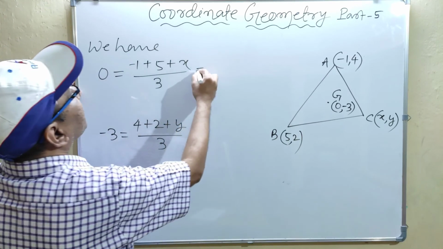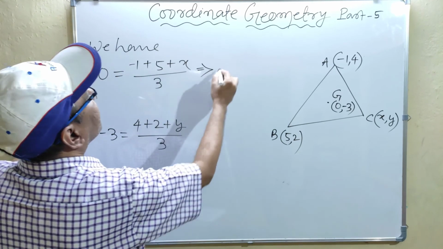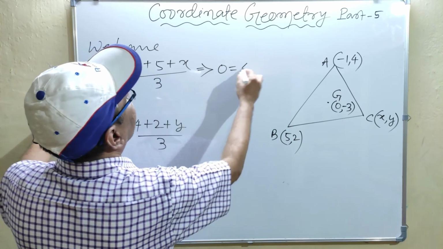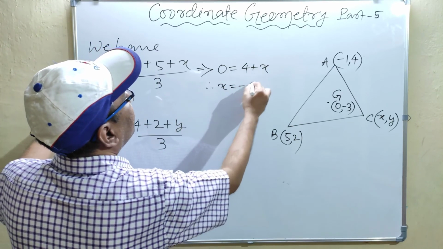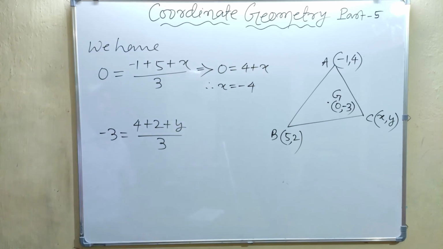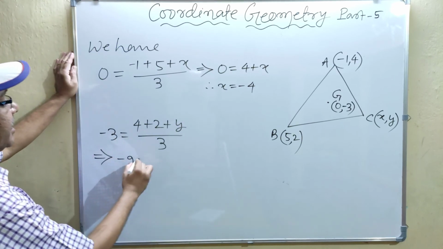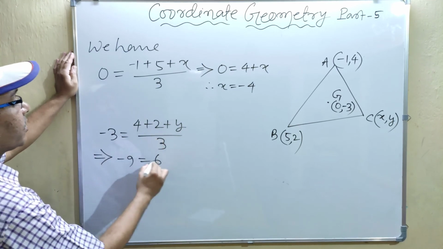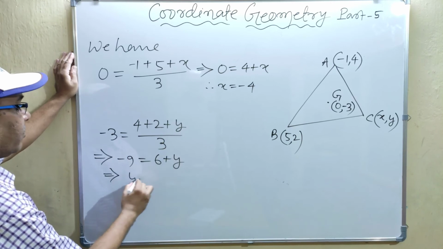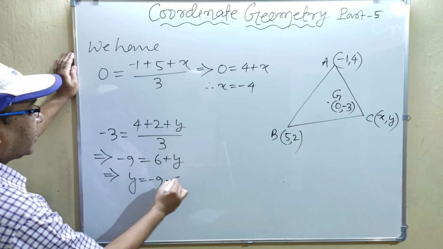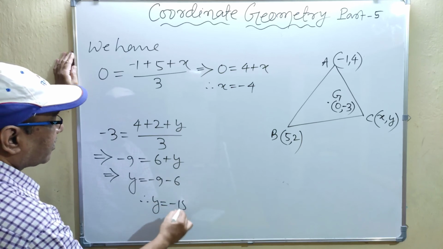So from here take cross multiplication: 0, and here it is 4 plus x, so x equal to -4. And from here take cross multiplication: -9 equal to 4 plus 2, 6 plus y, so y equal to -9 -6, so y equal to -15.